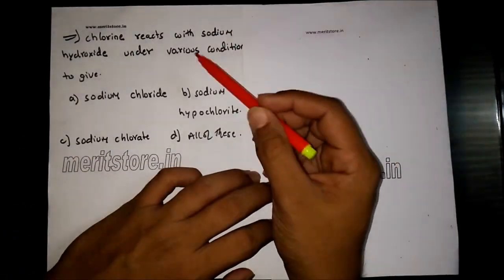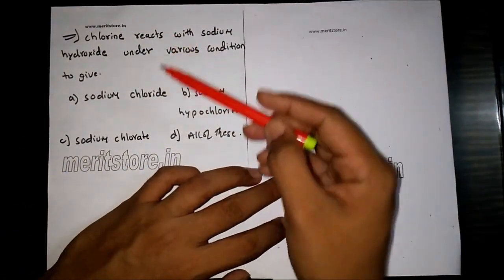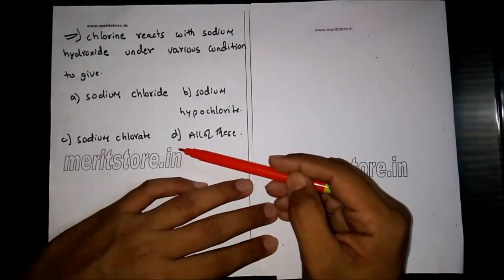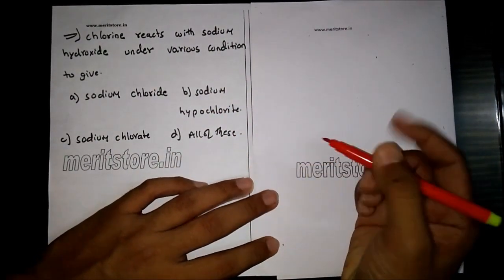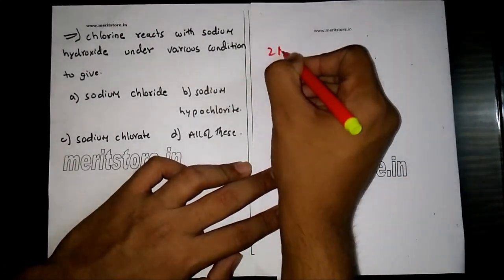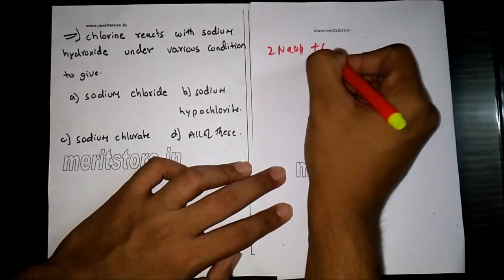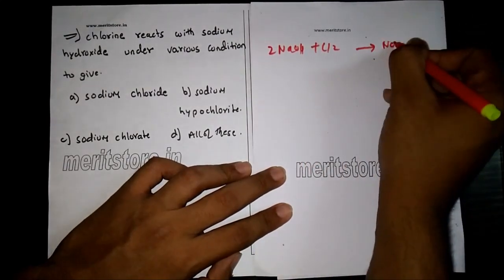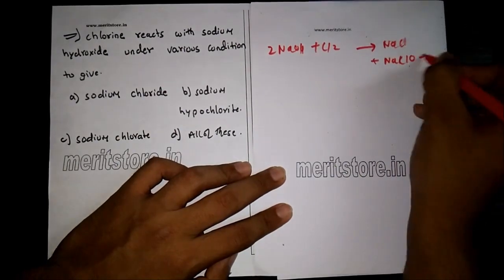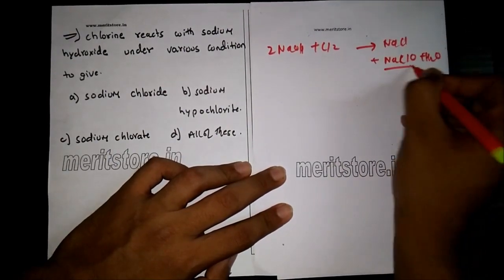Chlorine reacts with sodium hydroxide under various conditions to give A. Sodium chloride, B. Sodium hypochlorite, C. Sodium chlorate, and D. All of these. Now let's look at how NaOH reacts under cold conditions. Therefore, 2NaOH, which is dilute, plus Cl2 under cold condition gives NaCl plus NaClO plus H2O, which is sodium hypochlorite.